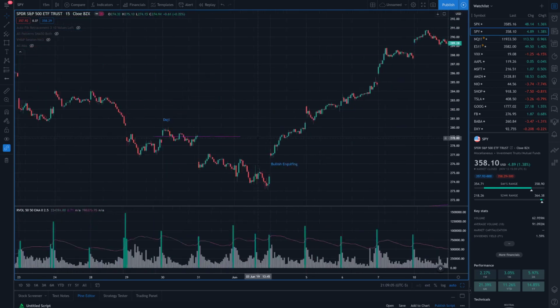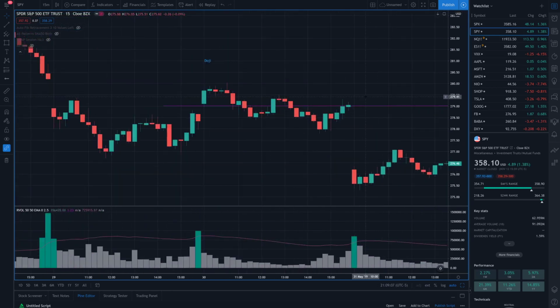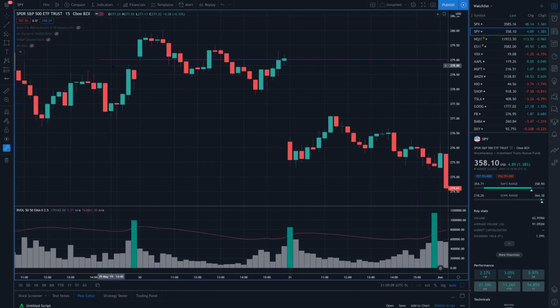But I just wanted to show you overall, this one, the price opened here, right? As we discussed before, on the green candle, it opens at the bottom and it closes at the top. It opened right there, and the day closed right here below.